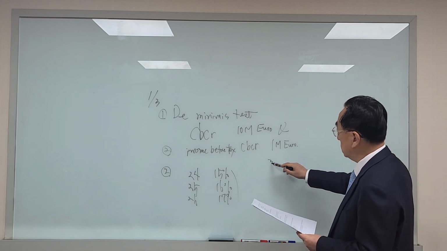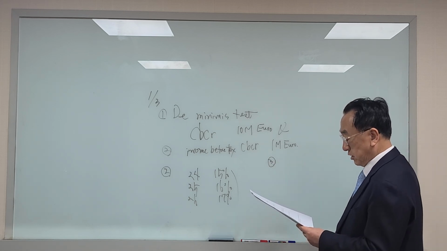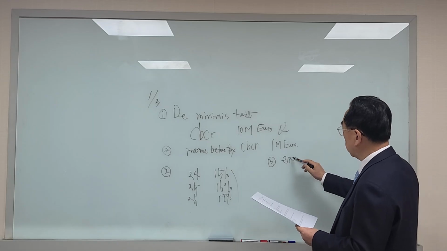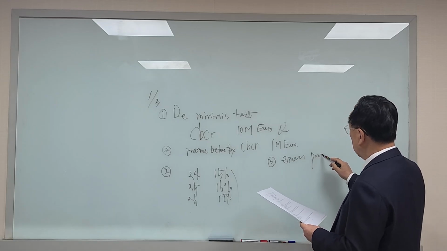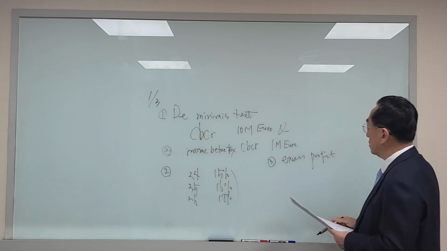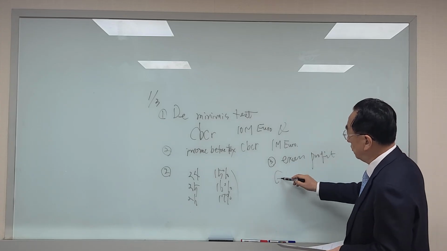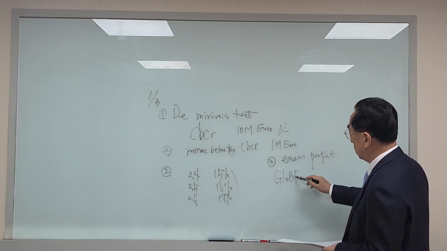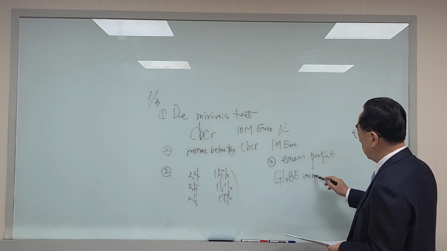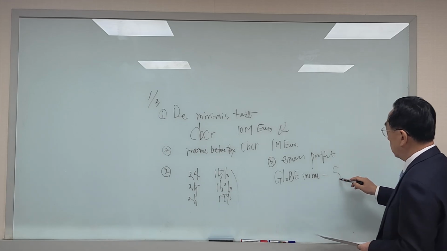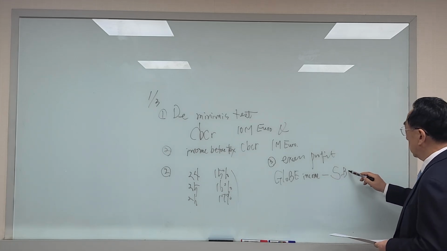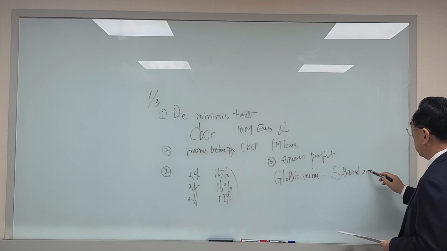And number 3 is the excess profit test. The definition of excess profit is global income minus substance-based exclusion.